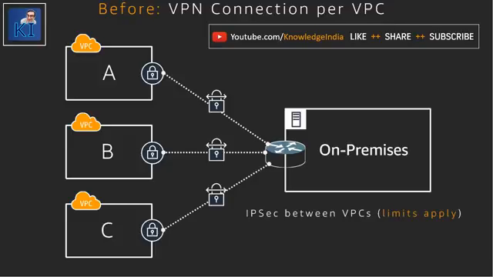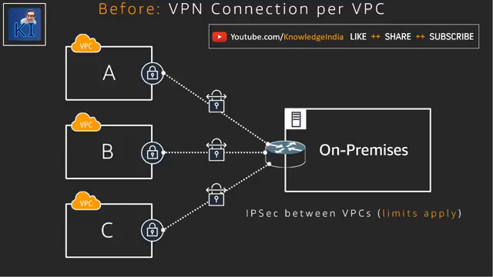which Transit Gateway solves. Before Transit Gateway, if you were connecting your VPCs to your on-prem environment, you were creating VPN connections. Think of an example where you have three different VPCs.